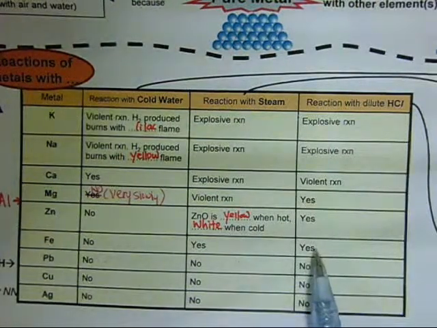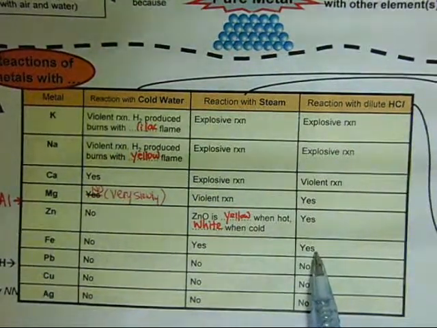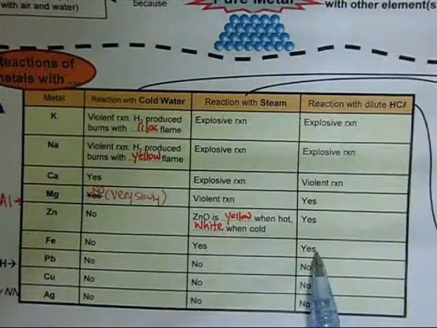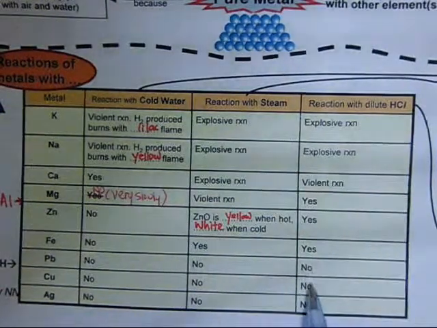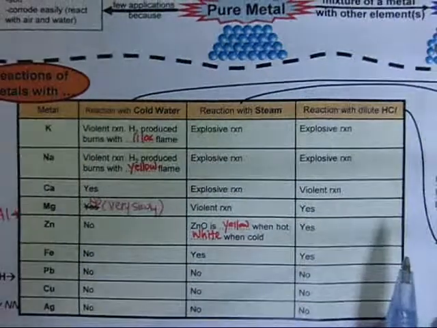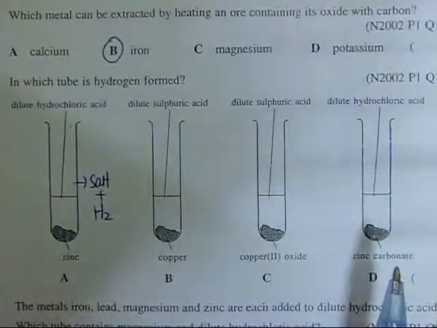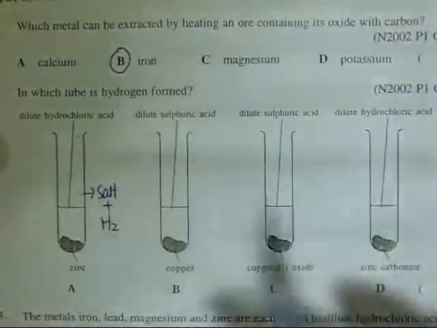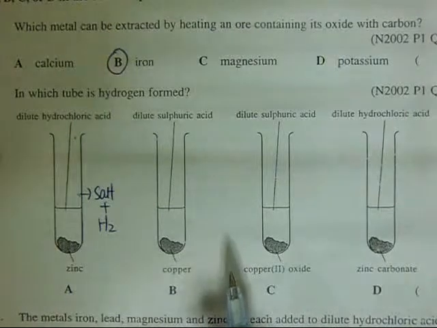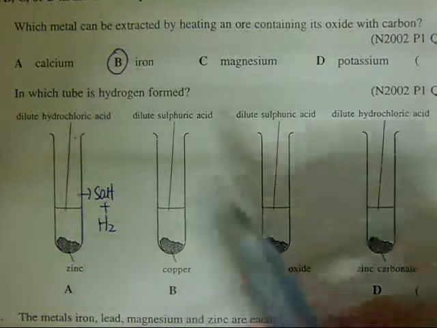Iron is the last metal that reacts with hydrochloric acid. All other metals below iron do not react with acid. Hydrochloric acid is very similar to sulfuric acid. So if copper does not react with hydrochloric acid, that means it does not react with sulfuric acid. So this one, there is no reaction.